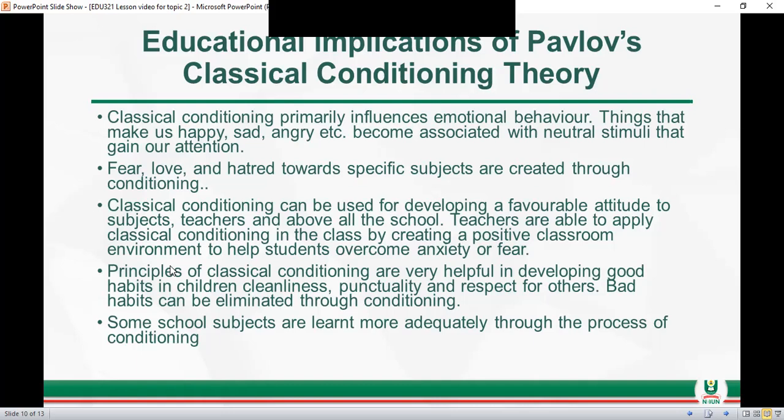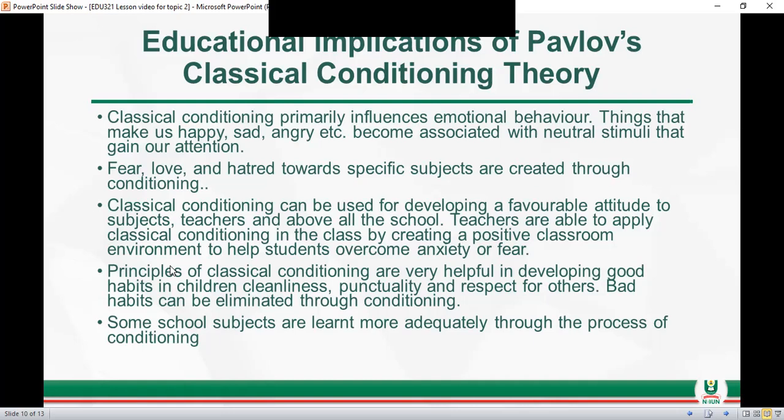So fear, love, and hatred towards specific subjects are created through classical conditioning. Sometimes you notice that some children or students hate certain subjects. This was created through classical conditioning, through the process I've just explained under the first scenario.